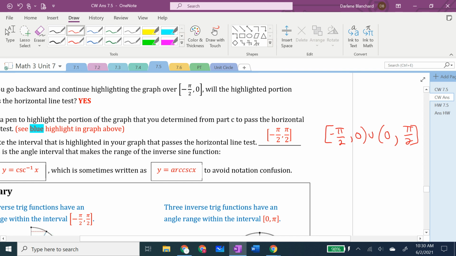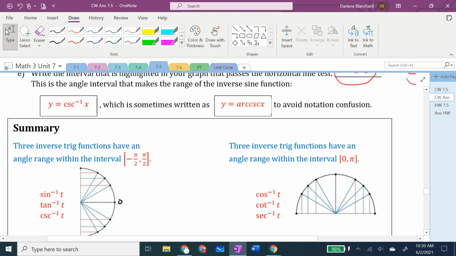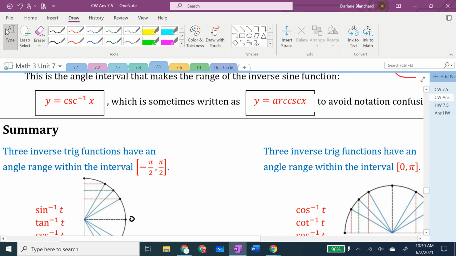In this class, you're not going to be responsible for recognizing the officially correct domain. All you're going to want to do is recognize who gets the negative to positive pi over 2 and who gets the 0 to pi. And then the summary, along with the notation for inverse cosecant.